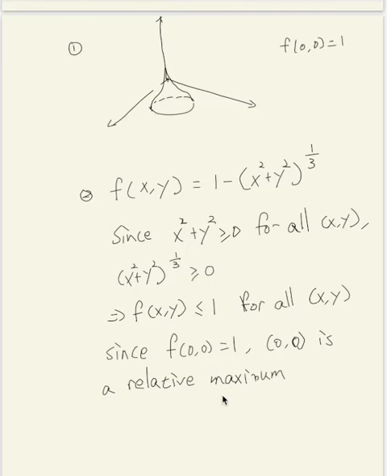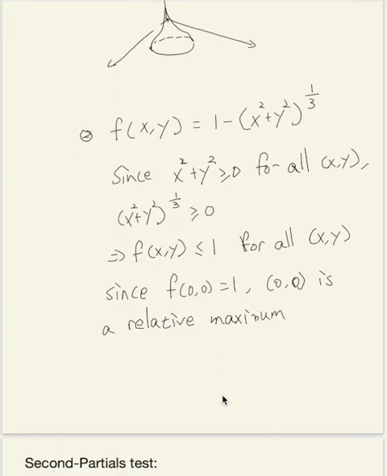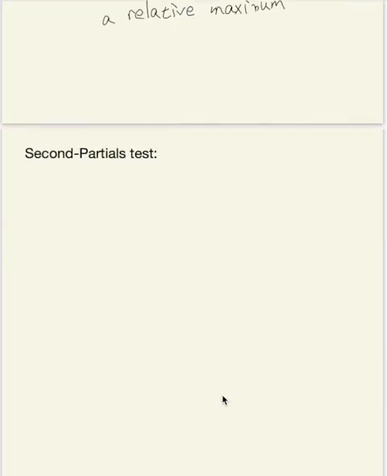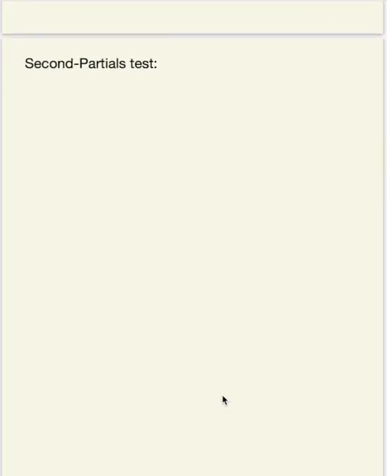Now, the method we've been using to determine relative extrema is quite tedious. We keep graphing everything to check if a point is a saddle point or a relative maximum or a relative minimum or maybe just a critical point. So mathematicians, to solve this problem, have devised another test called the second partial test. It gives you a simpler method to classify all the critical points.